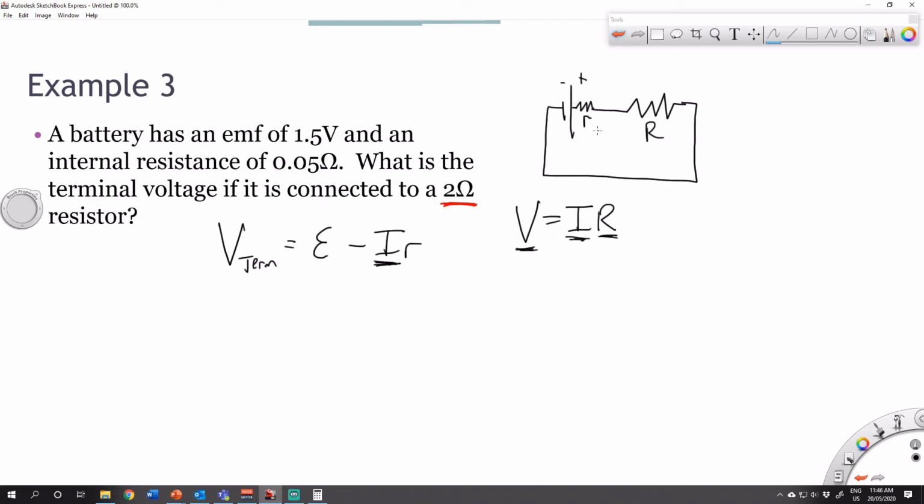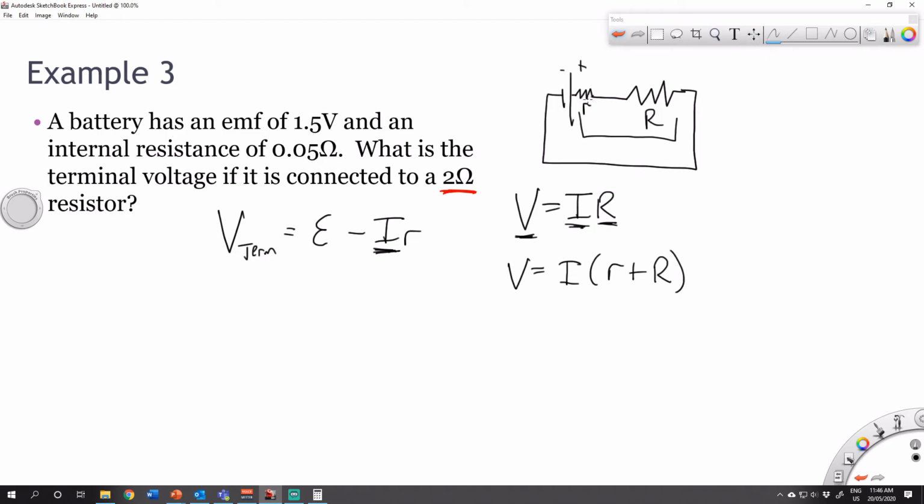Here we have two resistors connected together, so we can add up their total resistance. From Ohm's law, V equals I times the total resistance of this simple circuit, R plus R. We'll get into what to do if the circuit is constructed differently in the next lesson. But for now, if you have two resistors back to back like this, you can add up the resistances to get the total resistance.